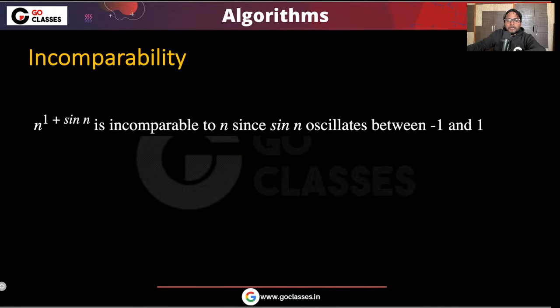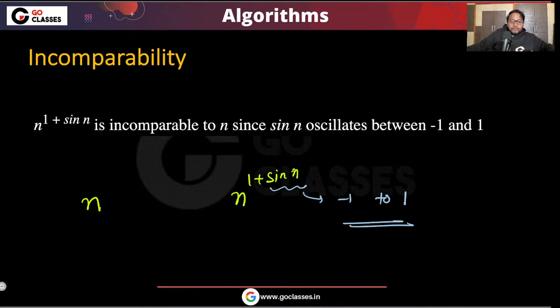Now let's see incomparability also, which means there are some functions which may not be comparable to each other. Suppose if I ask you n and n is power 1 plus sin n, then which is greater? See, this sin n could be from -1 to 1, right? This value ranges from -1 to 1.